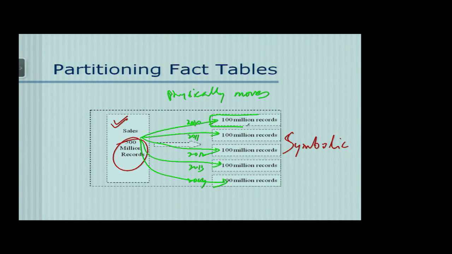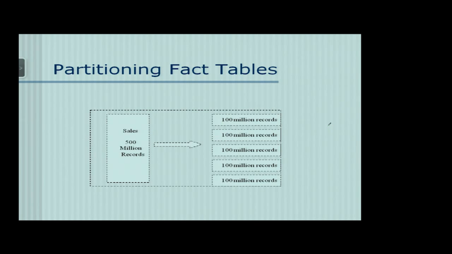So these are now real tables that are created. When I'm using a solid line, that means these are real tables, all real tables in the database. Oops, sorry, I'll have to do it again. By mistake I removed all the years, 2010, 2011, 2012, 2013, 2014, and I have to physically move these records into these partitions.